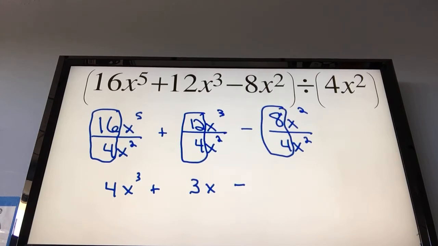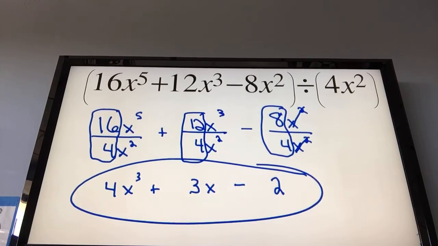Minus 8 over 4 is 2. And x squared over x squared is canceled because it's exactly the same thing, which means it equals 1. If you subtract it, you get x to the 0, which is 1. So they're just gone. That is my answer.